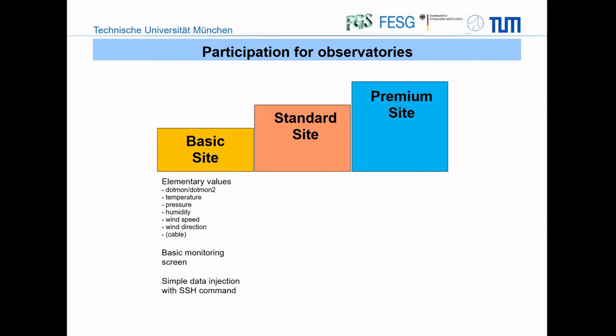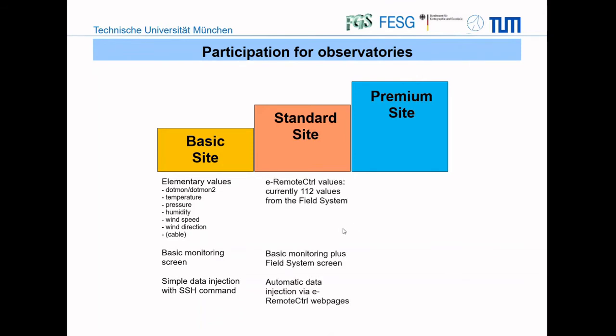We use just a reduced number of values or items like .1, .2 for VGOS, temperature, pressure, humidity, wind, and maybe cable. You have a basic monitoring screen. You saw this screen already in the web page demonstration, and you have this simple data injection mechanism with these SSH commands, which you include into your local programs.